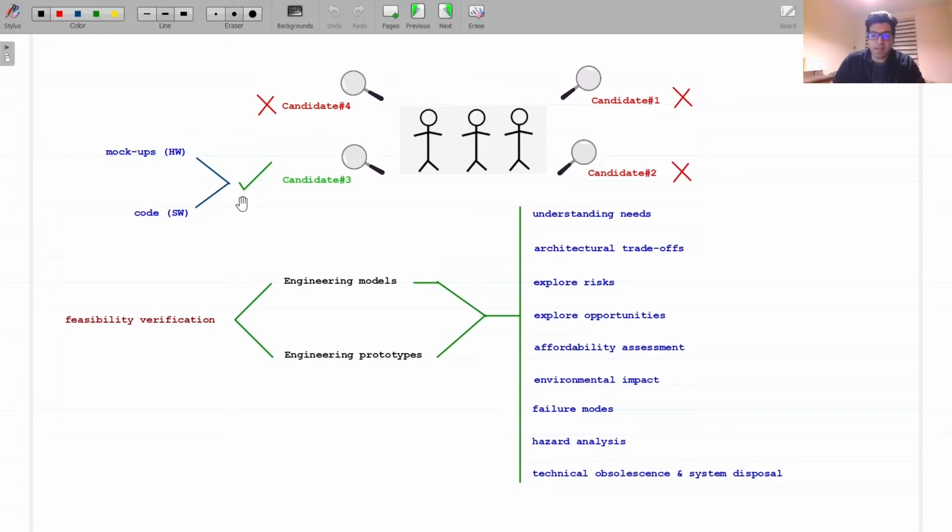These studies expand the risk and opportunity evaluation to include affordability assessment, environmental impact, failure modes, hazard analysis, technical obsolescence, and system disposal. Issues related to integration and verification must also be explored for each alternate system concept, since these can be discriminators in system selection.